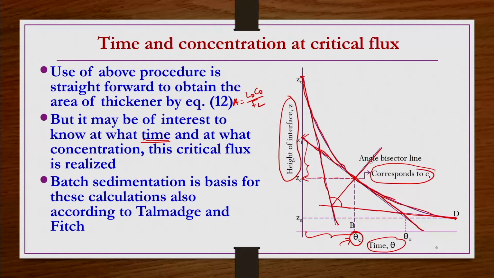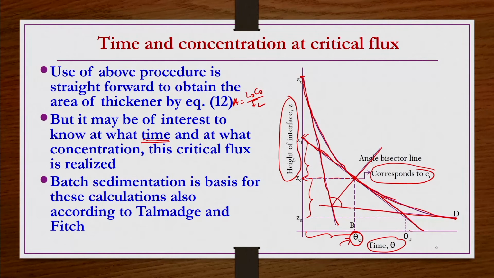Let us say the settling is occurring from theta c to theta u time, then what should be the settling velocity of those particles? The settling velocity between these two times would be nothing but Zc minus Zu divided by theta u minus theta c, because v is nothing but minus dZ by d theta.